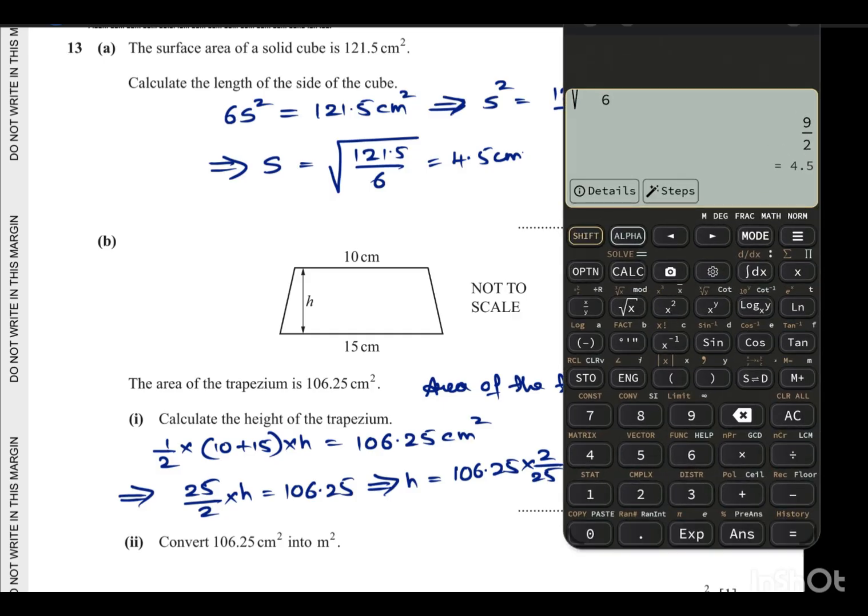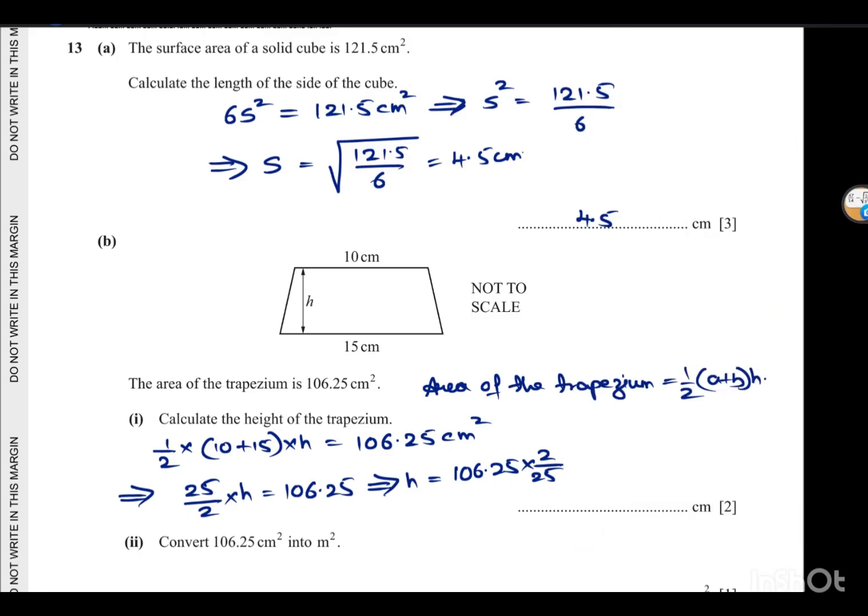Just do that in the calculator. 106.25 into 2 by 25 is equal to 8.5. So this is equal to 8.5 centimeters, the height of the trapezium.